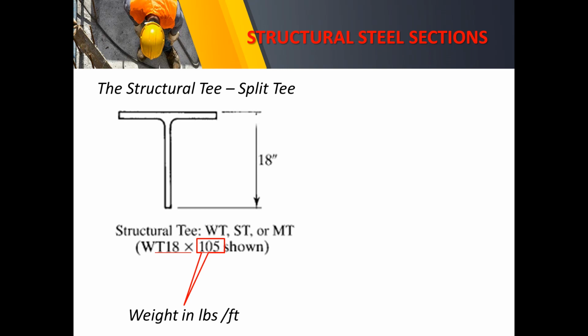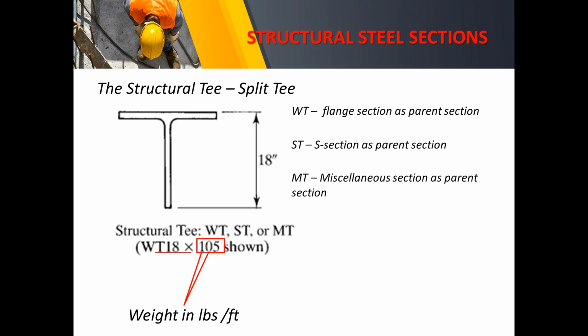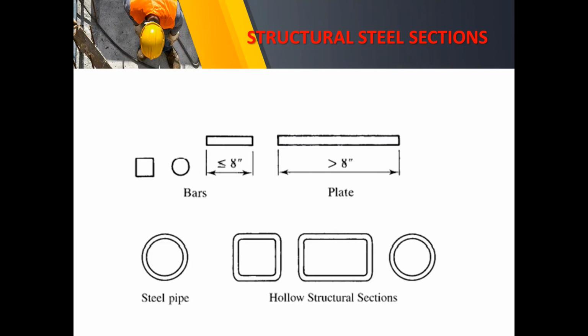Okay. So, WT as mentioned, flange section as parent section, ST, S section as parent section, MT, miscellaneous section as the parent section. Okay, aside from those structural steel sections commonly used, we also have the bars and hollow structural sections.